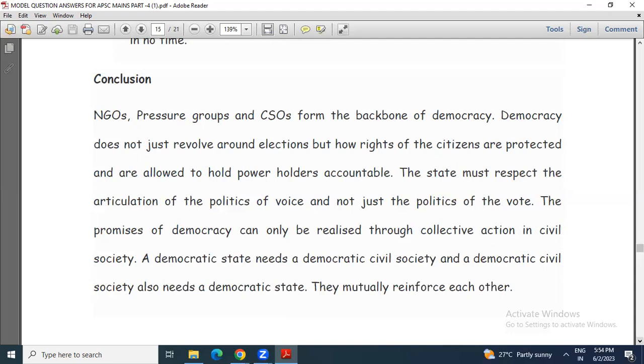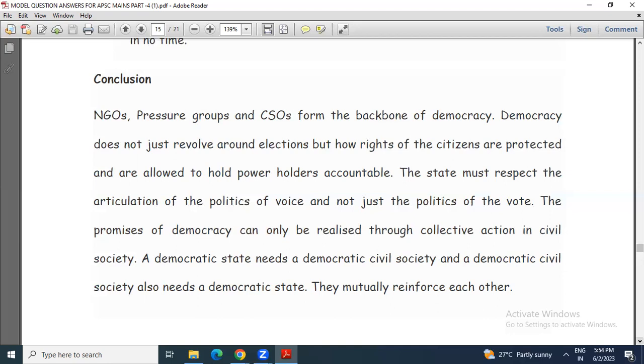The state must respect the articulation of the politics of voice and not just the politics of the vote. So the state should listen to the voice, not just to the vote. The promises of democracy can only be realized through collective action in civil society.